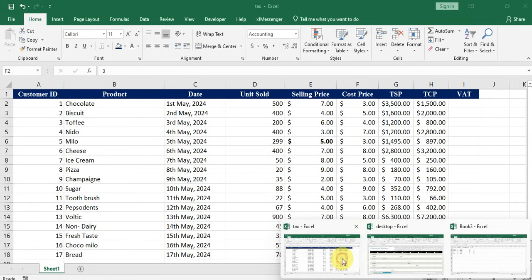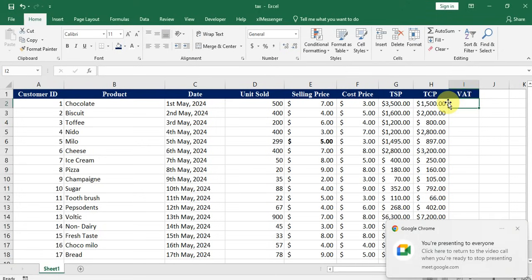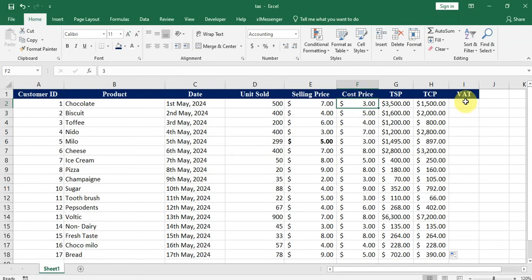now let's continue. So we are calculating for the value added tax. It will be the price that we bought from the factory, 5% of the price that we bought from the factory multiplied by the unit sold. Do not be confused. We are calculating for value added tax.